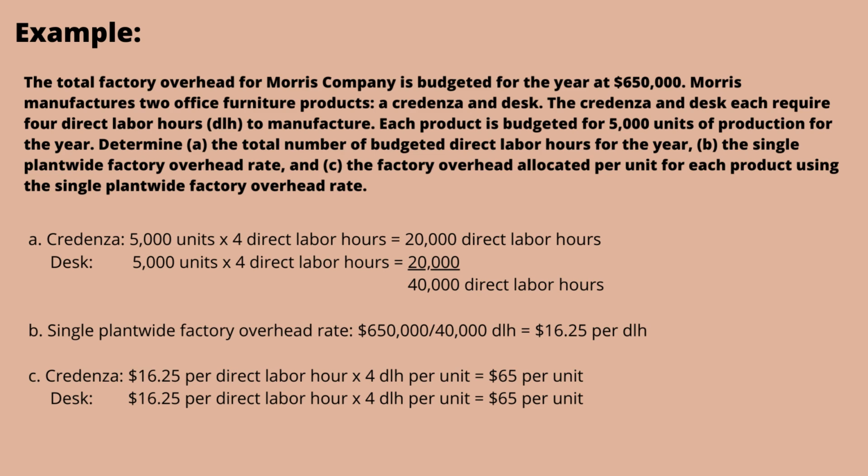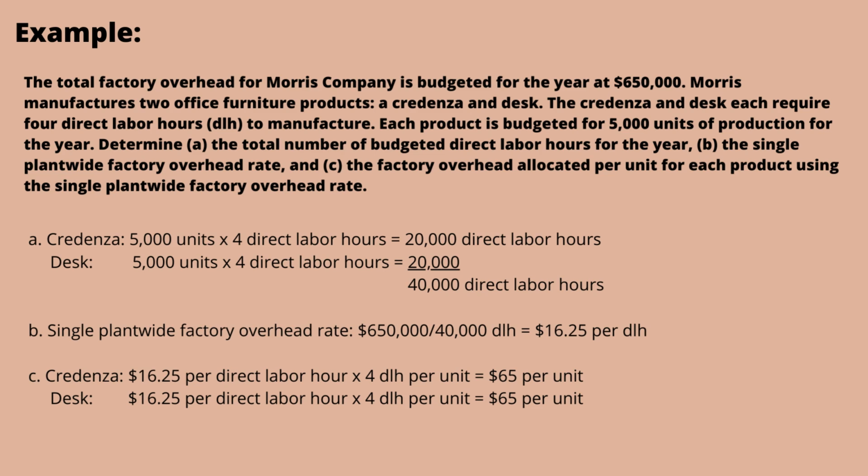Now, we are required to determine the total number of budgeted direct labor hours for the year, the single plant-wide factory overhead rate, and the factory overhead allocated per unit for each product using the single plant-wide factory overhead rate. For the first requirement, in order to get the total budgeted direct labor hours for the year of each product line, we must multiply the budgeted product volume and the number of direct labor hours needed to manufacture a single product.